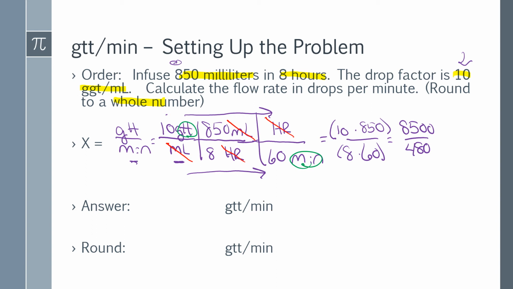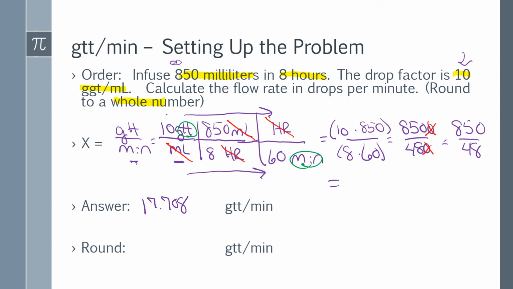So I'm going to get rid of a 0. So now I can be left with 850 divided by 48. This is going to give me an answer of 17.708.